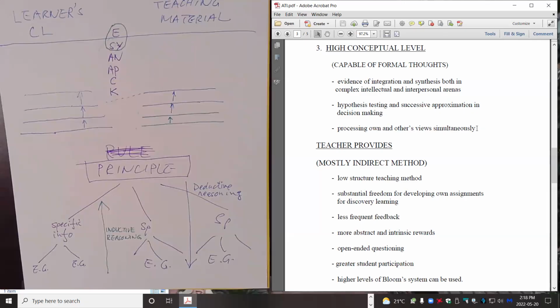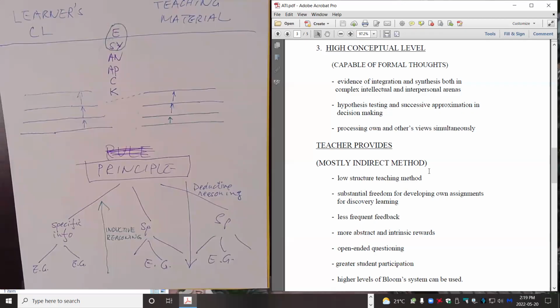That is the development of perspectivistic thought. So this is a giant step over the past 2 conceptual levels, low CL and moderate CL, but high CL is a giant step forward.